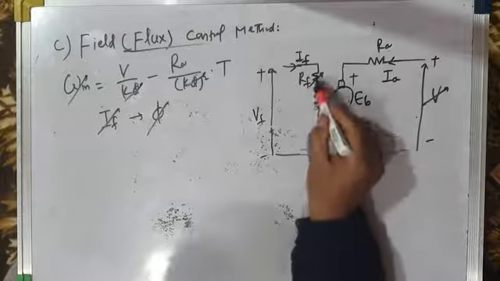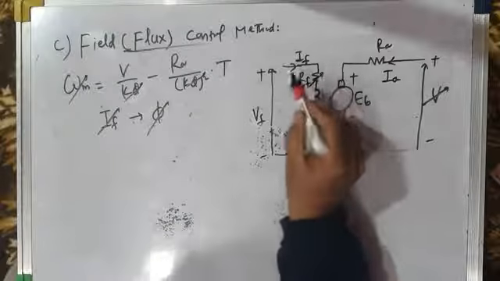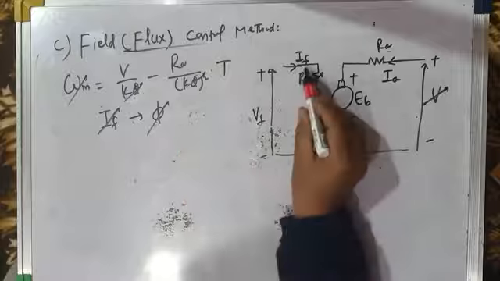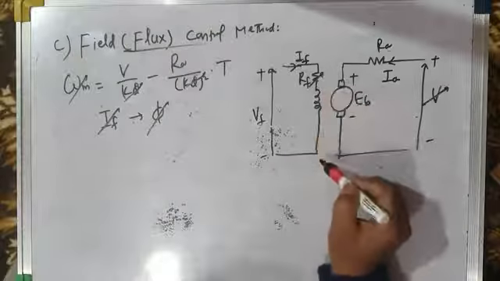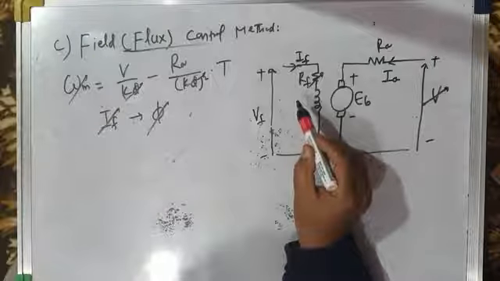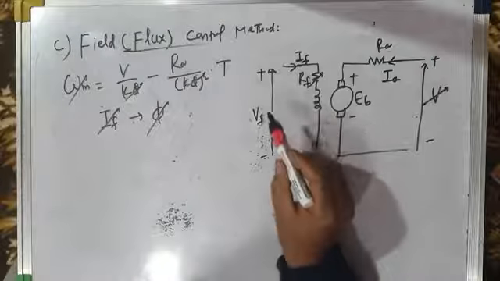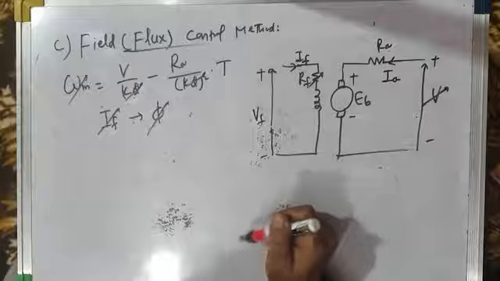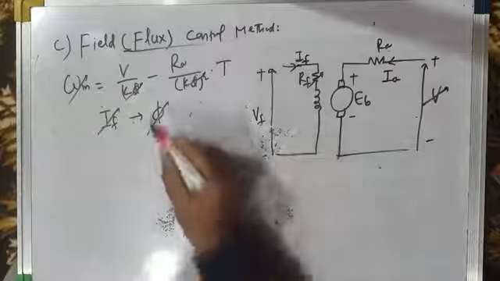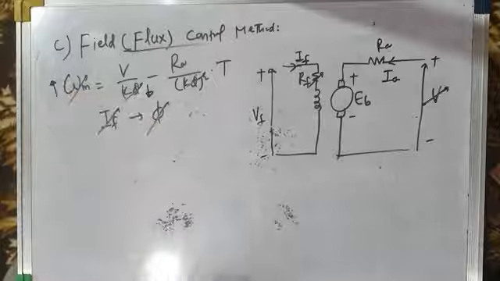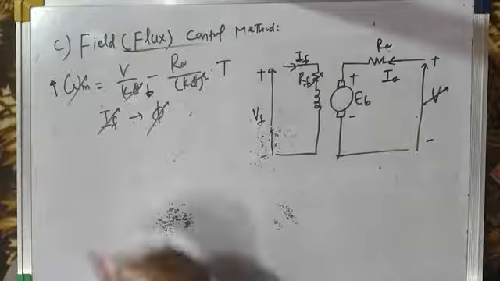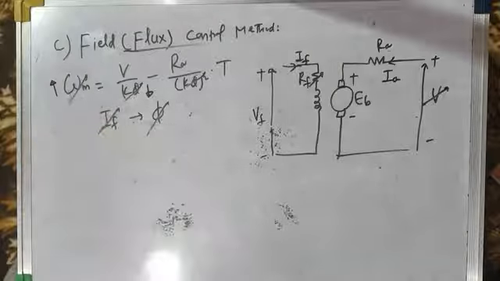When you put resistance in series, you are reducing the field current below the rated current, so the field flux becomes less than the rated flux. As field flux reduces, what will happen to speed? Speed will increase. So you will get speeds above base speed, and you will not get speeds below base speed.